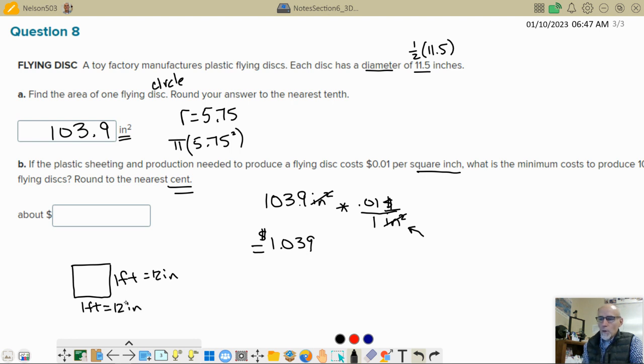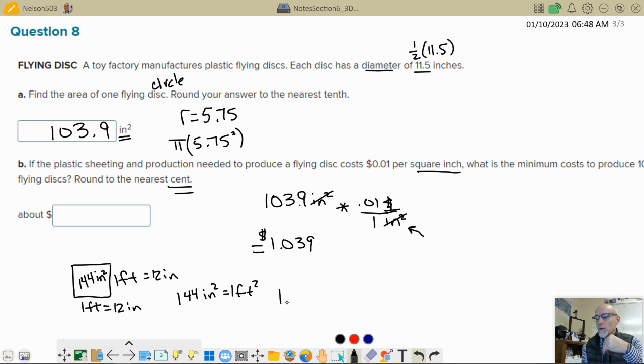So when I multiply 12 times 12, there are 144 square inches in 1 square foot. Let me write it out here. So if this was in square feet, we would have had to take how many square inches we had and divide by 144 to convert it to square feet.